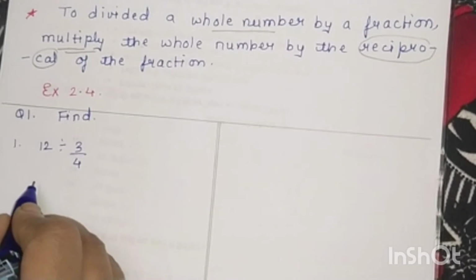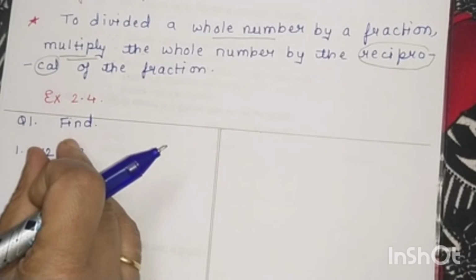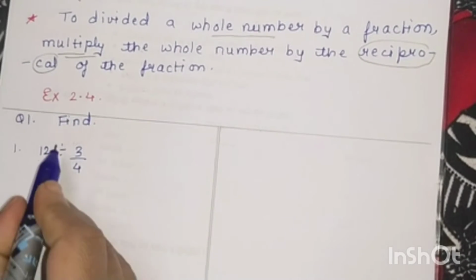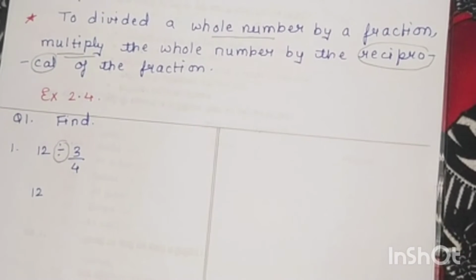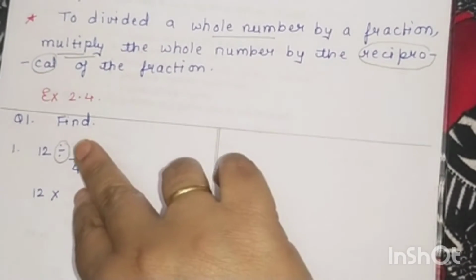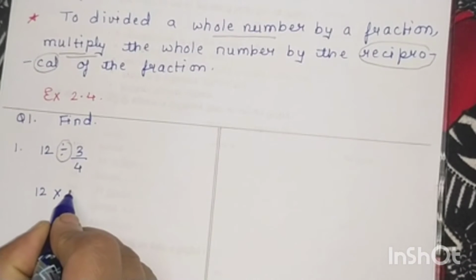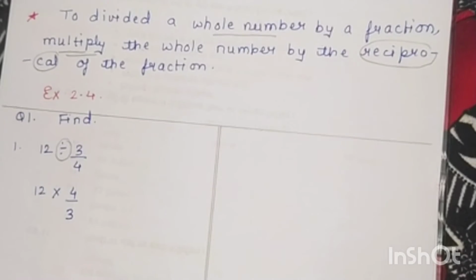So how will we solve it? We will keep 12 as it is. We remove the division sign and instead put multiplication. Then we take the reciprocal, so the reciprocal becomes 4 by 3. Is it clear, all of you?